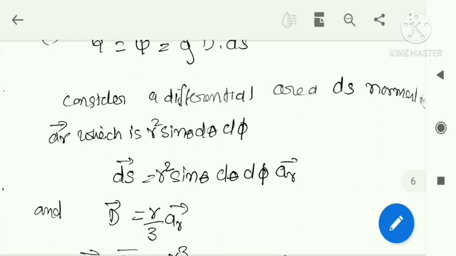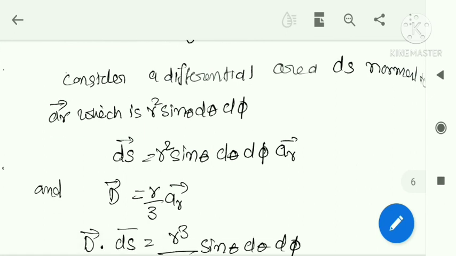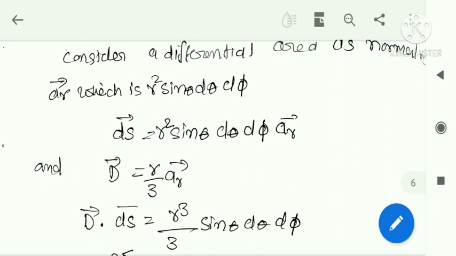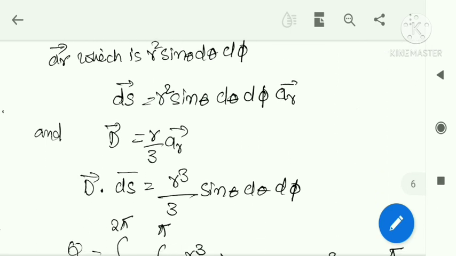This is the formula for the differential surface area of a sphere, which we have seen in module 1. Now we substitute D, which is r divided by 3 into a_r, and multiply them.